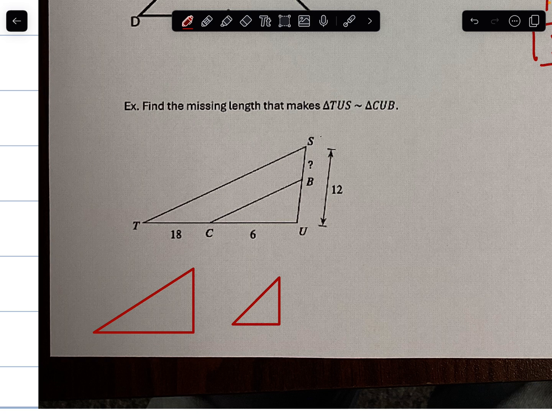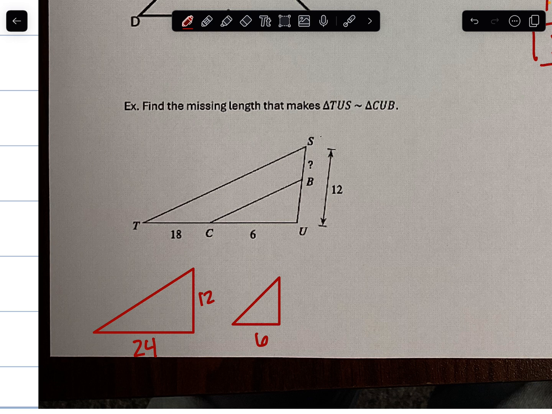What would be the base of the bigger triangle? 24. What's the height of the big triangle? 12. Okay. What's the base of my small triangle? And then the height? Is it half? Is it 6?